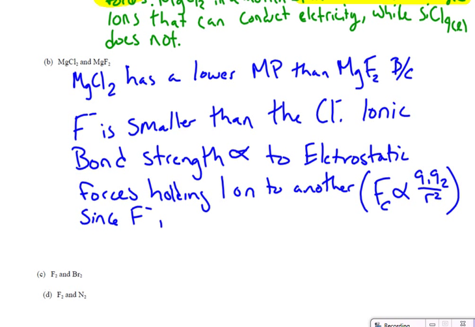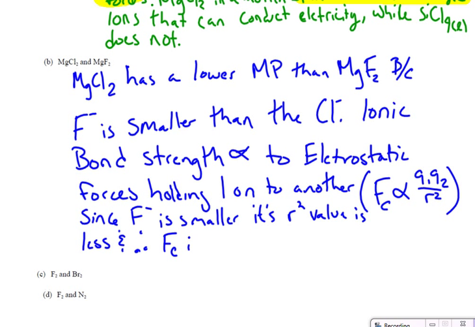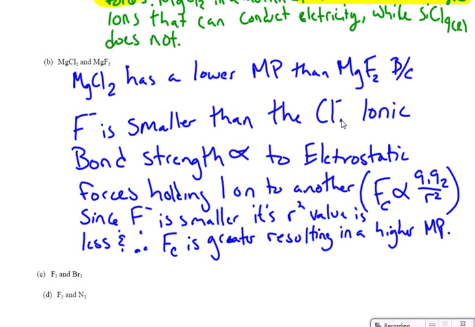Since fluorine is smaller, its radius value is less, and therefore its force is greater, resulting in a higher melting point.